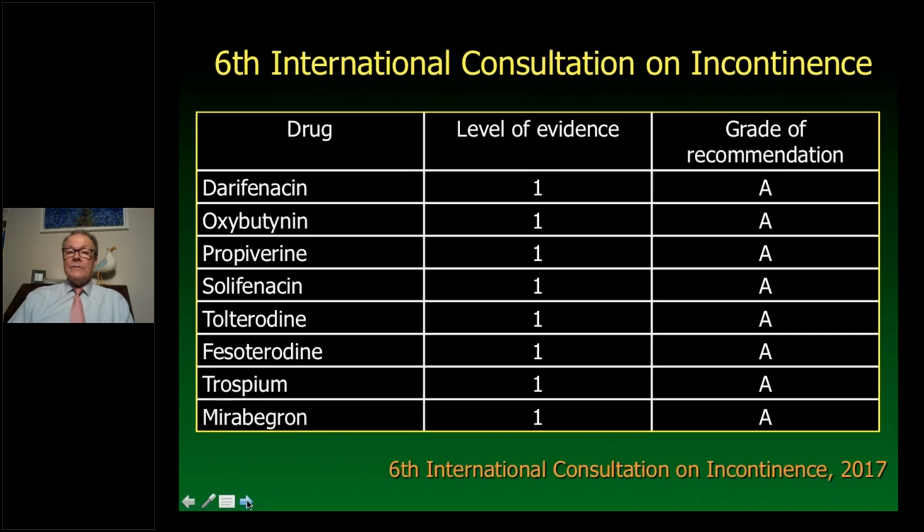So if we look at the evidence from the 6th International Consultation on Incontinence, you can see all of the antimuscarinic drugs that you would consider using in clinical practice have level 1 evidence with a grade A recommendation. And of course now worldwide we have the introduction of mirabegron that also now has level 1 evidence, grade A recommendation, and in some countries vibegron is now also available.